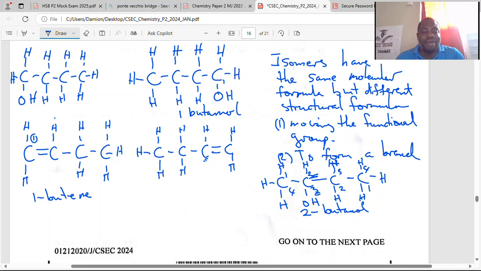Because what would have happened is that we now have to start numbering from this side. So again, this would still be considered 1-butene. This is just a mirror image of that. And you know, when a mirror flips, technically what is there is now at the end. So this is a no-no. This is not an isomer. So again, we have to think about moving the double bond.